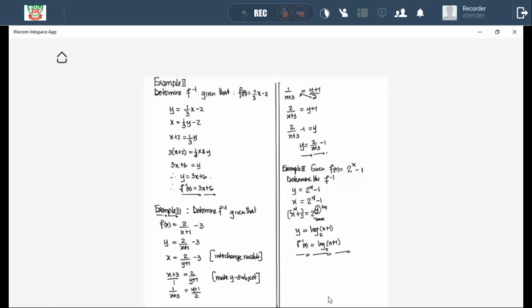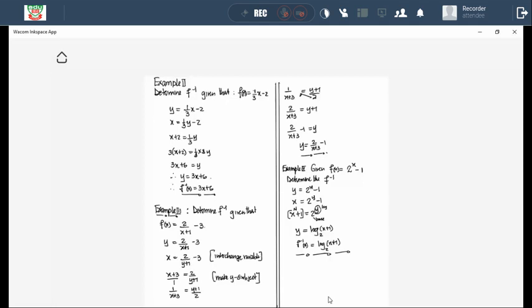I'm also going to invert to get the inverse. This was an exponential expression. Its inverse, we said it's a logarithmic function. Remember when we were looking at converting from logarithmic form to exponential form in the previous lesson, we said a logarithmic form and an exponential form share a very strong bond, in such a way that a logarithmic form is an inverse of an exponential form, and an inverse of an exponential form is a logarithmic form.